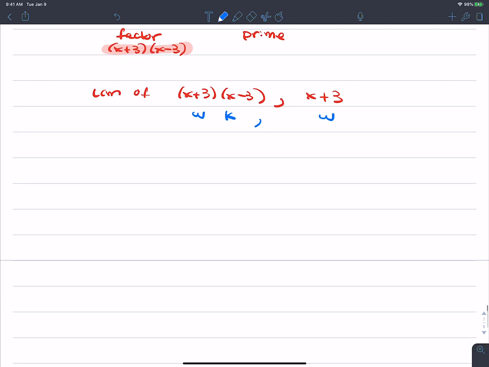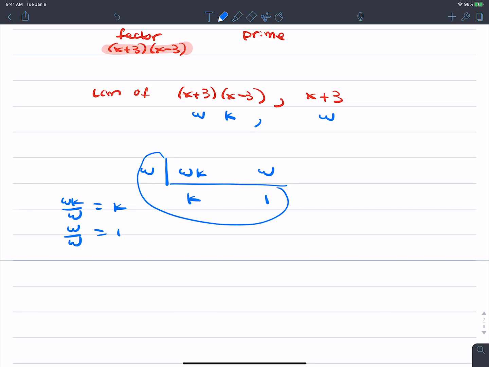And if you guys remember, there were various ways to do that. We can use the technique that we've been doing, finding a prime, in this case a prime term, that divides both. W divides both, and we know wk divided by w is k, and w divided by w is 1. We need a prime again that divides both of these terms, k and 1, and we find there is none.